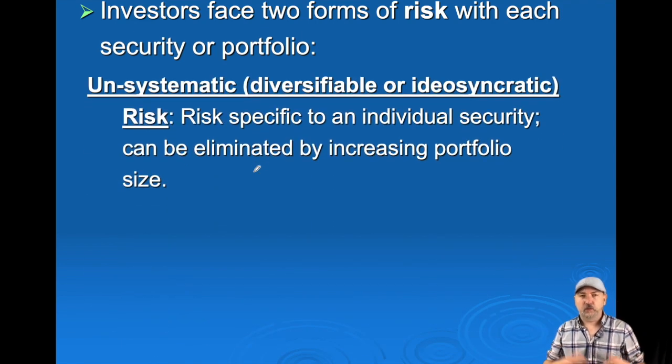So when we talk about systematic versus unsystematic risk, again, oversimplifying here, the basic idea is unsystematic risk means that it's idiosyncratic, right? It's specific to the asset in question, as opposed to a general risk that the market as a whole is undergoing. And that's why we call it a diversifiable risk, right?